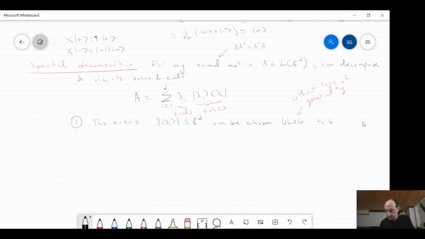And here's another abbreviation I'll use: ON will stand for orthonormal. So it's an ON basis for C^D. From among the eigenvectors of A, you can always pick a set that forms an orthonormal basis for C^D.